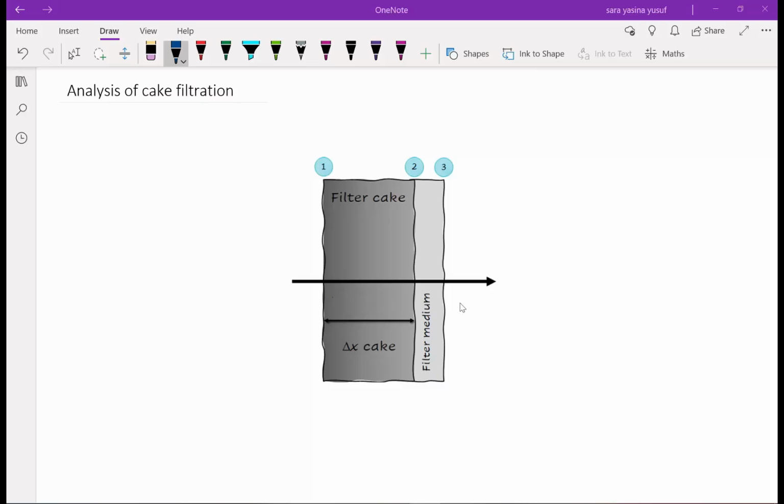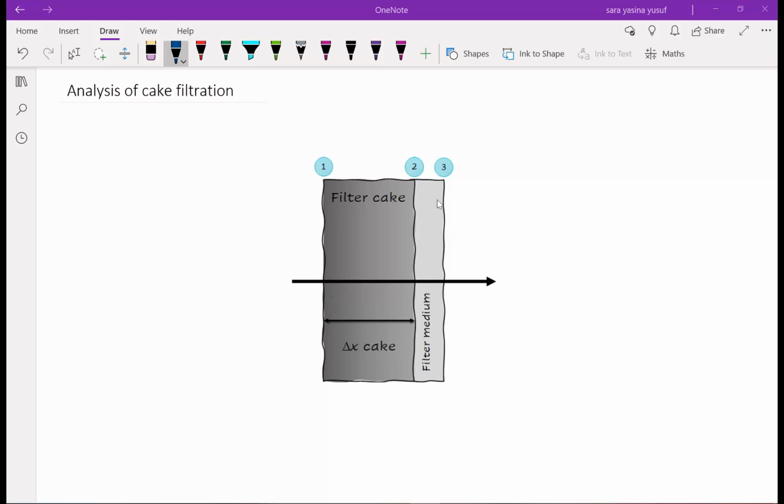cake. I'm going to show you how to derive a model from the analysis of cake filtration in the filter baghouse filtration process. Okay, let's look at the diagram shown here. Initially, when no filter cake has formed, we only have filtration due to the filtering medium.